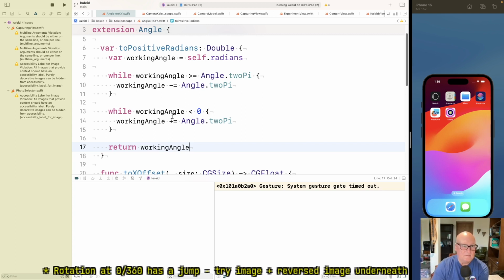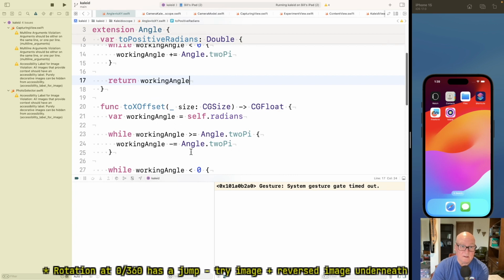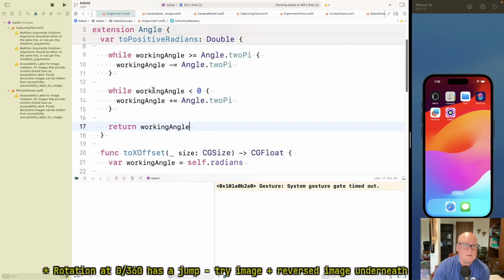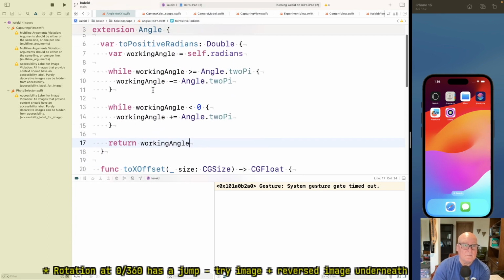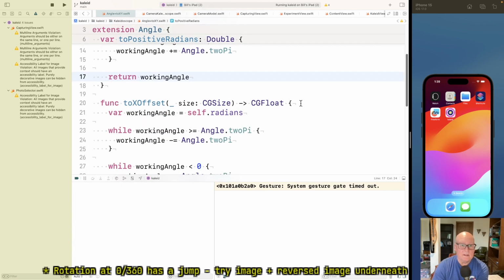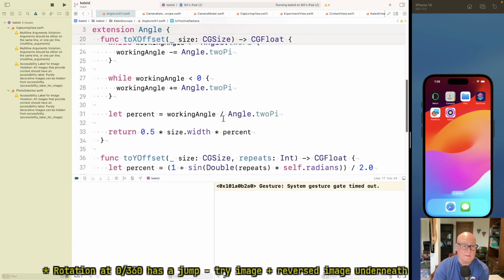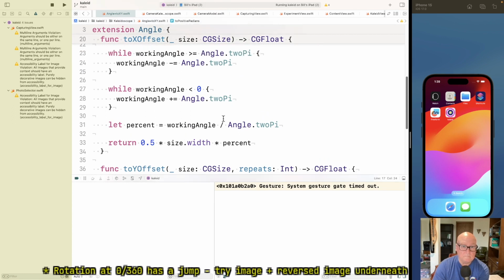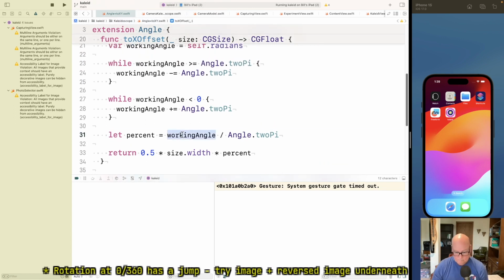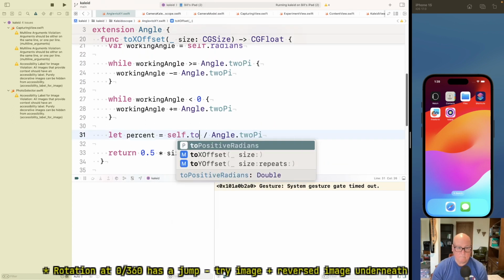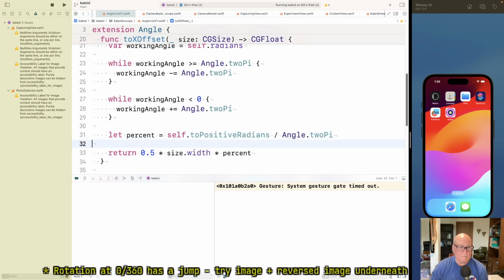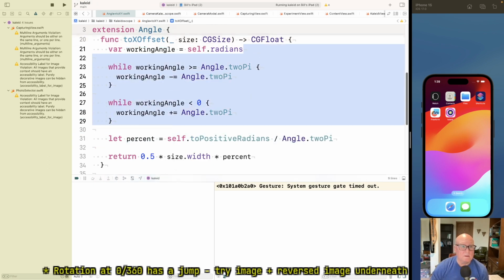And then if it's less than 0, meaning we were wrapping backwards, we're going to add 2 pi and get it in the range. So this is self.2 positive radians now. And this should be gone.